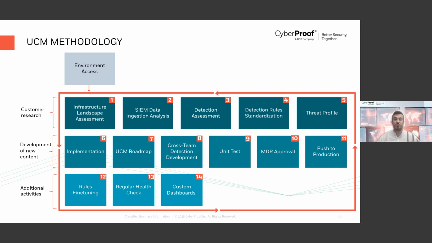Also, we have a cross-team detection development, where we have our threat intelligence team, with 2 main activities of rules coming from them. The first one is a curated threat intelligence report, which is mostly presented on the most relevant threat actors that can target a specific customer.